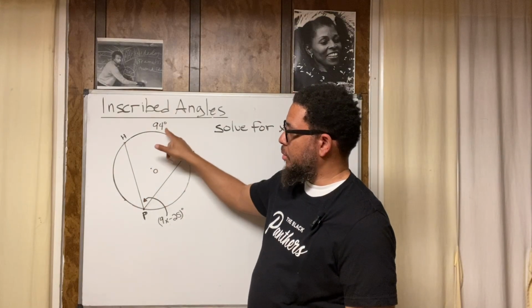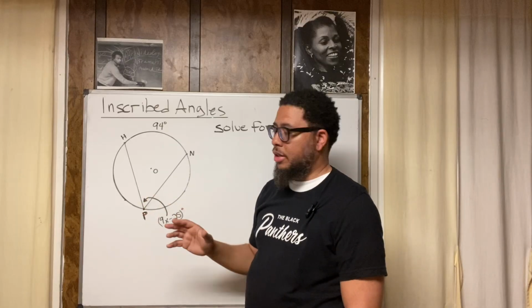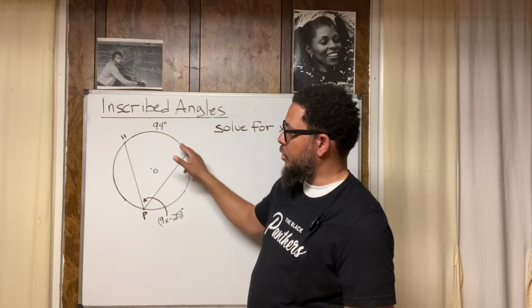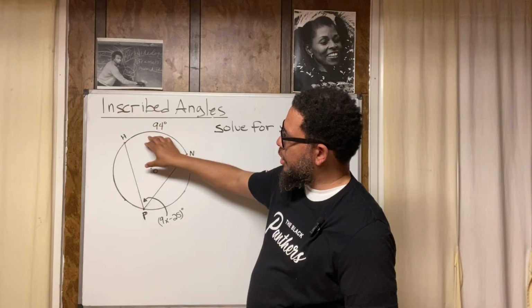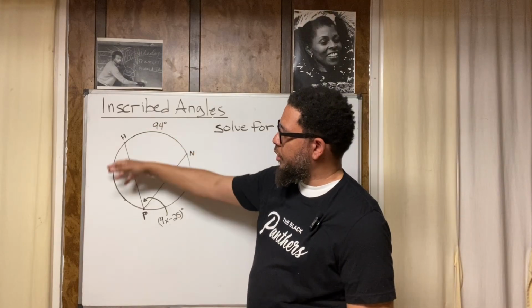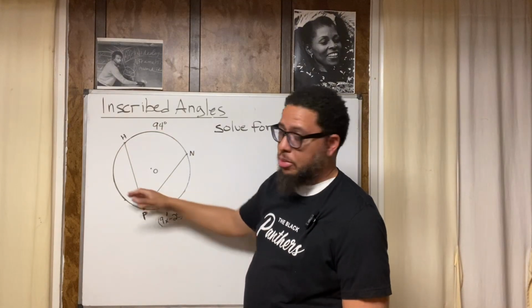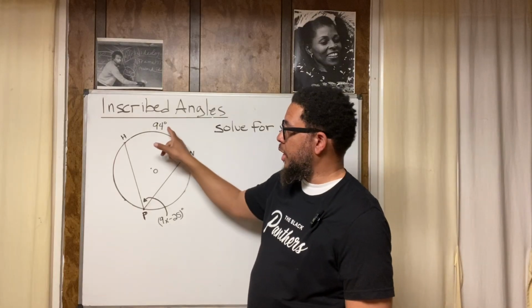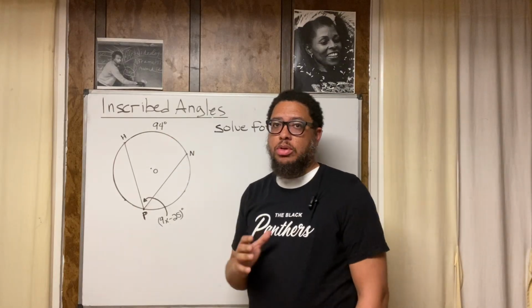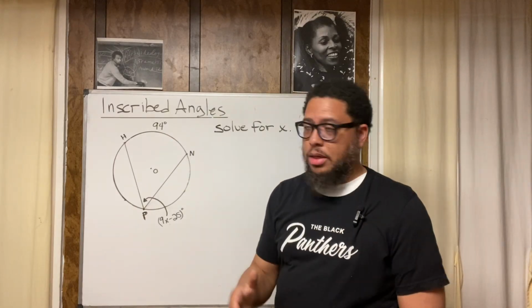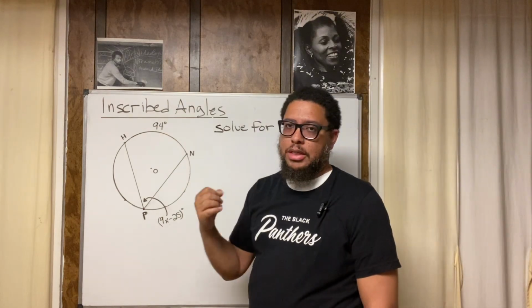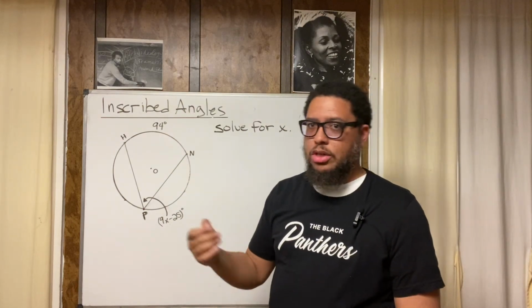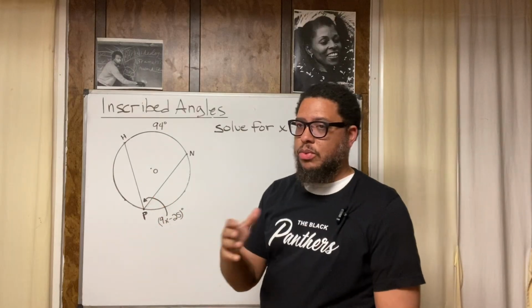Now, the arc measurement, not the arc length. The arc length is a portion of the circumference of the whole circle, but the arc measurement is a portion of the total 360 degrees that represents the whole circle. So this arc has an arc measurement, and make sure we don't confuse arc length with arc measurement. Arc measurement is in degrees, arc length could be in centimeters, inches, feet, yards, miles, kilometers, whatever.